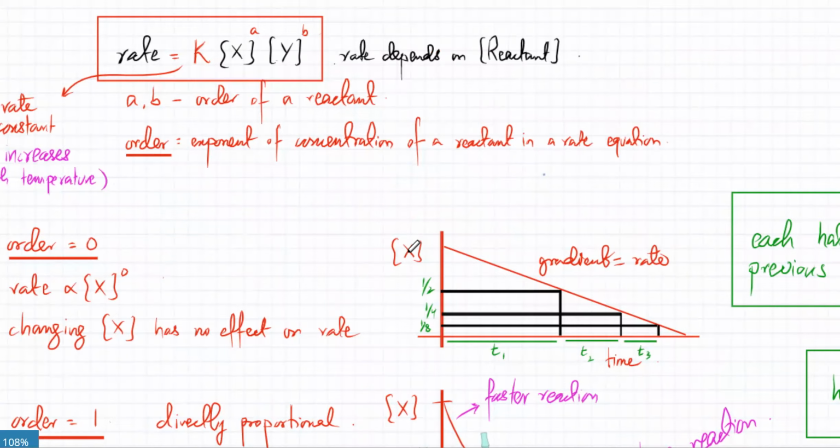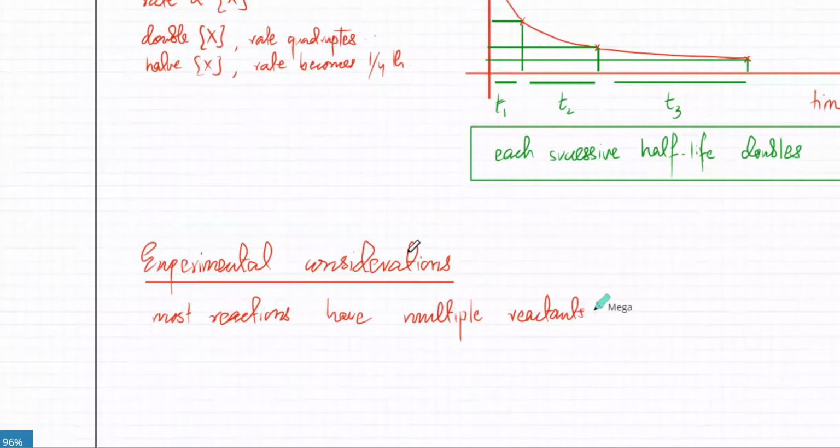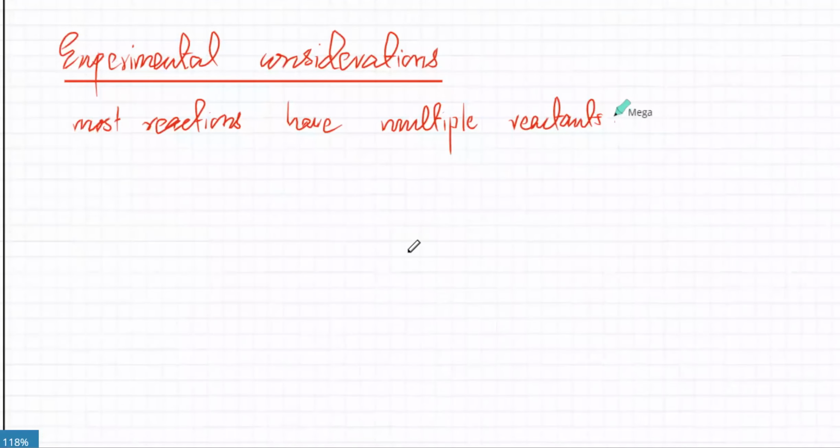But the problem is most reactions have multiple reactants. So how do you keep these other reactants constant?